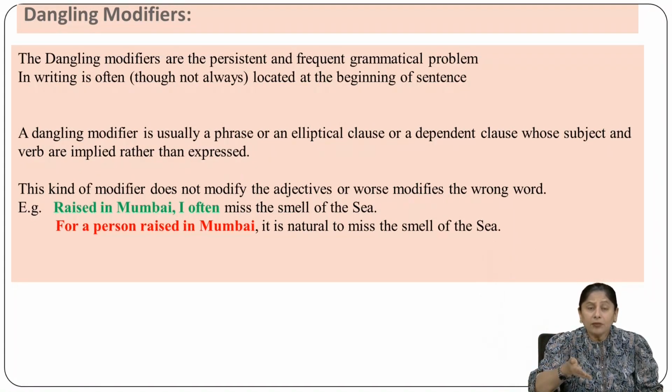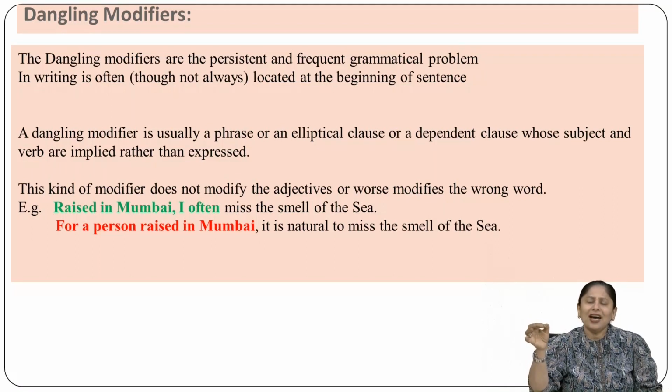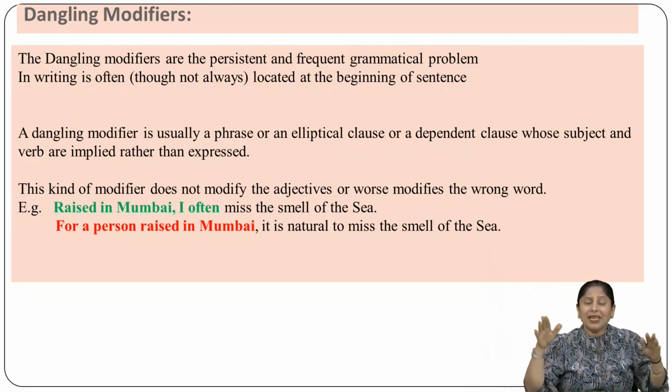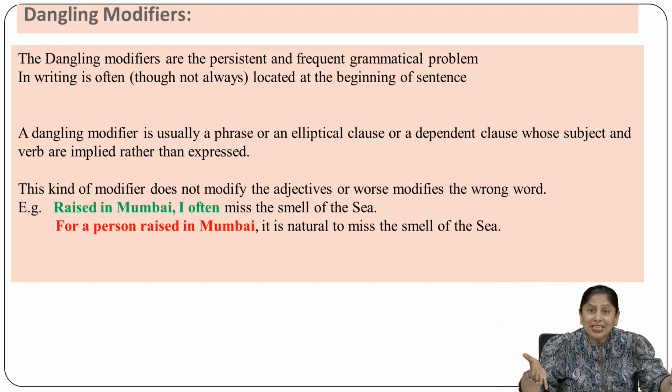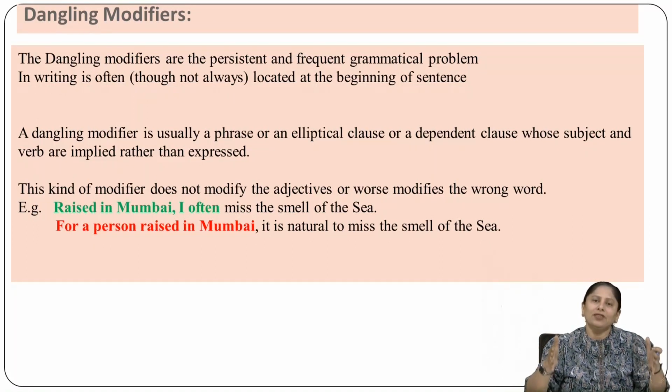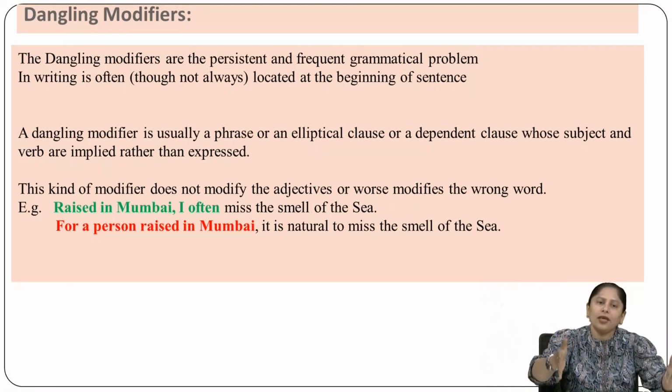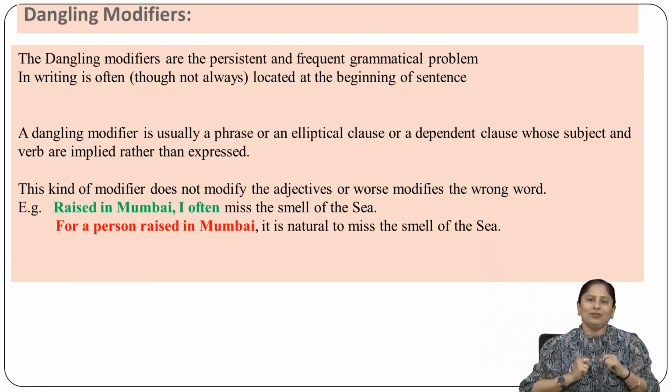That is why the dangling modifiers could be considered dependent clauses also. They could come into the category of elliptical clauses also, and they may come in the category of beginning or initial phrases also, coming in the beginning part of the sentences.